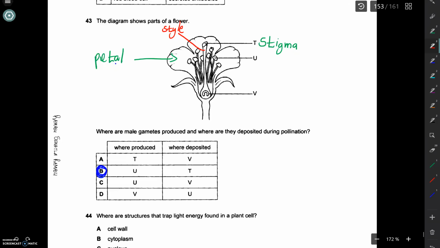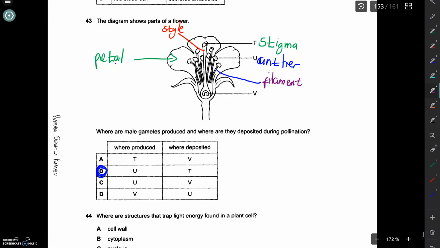and of course U is called the anther. U is called anther. And this thing I'm holding up the anther is called a filament. It's called filament.